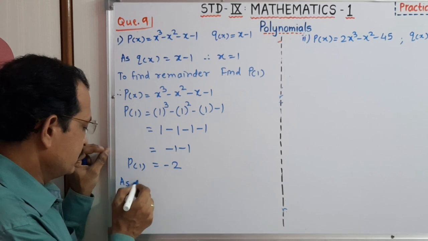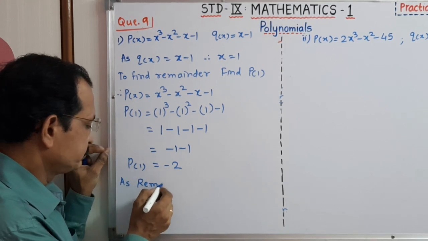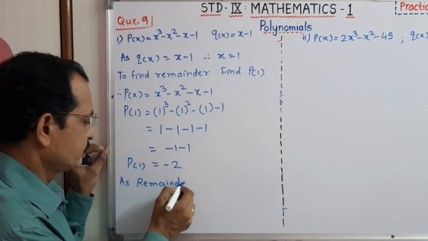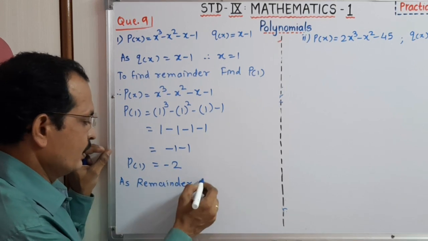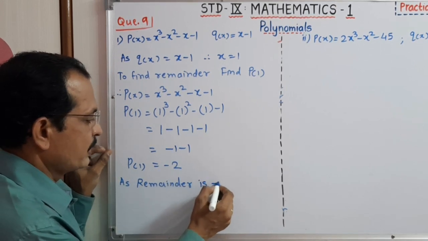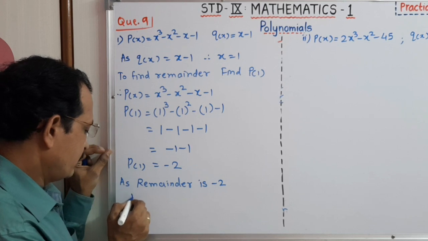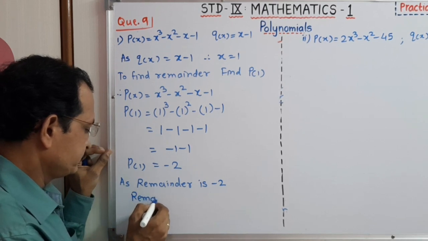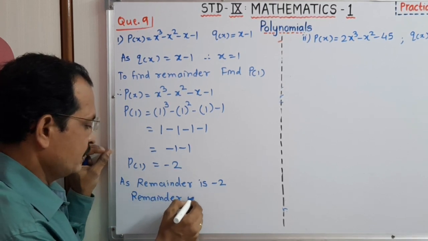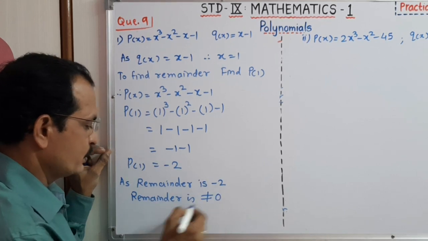As the remainder is minus 2, that means the remainder is not equal to 0.